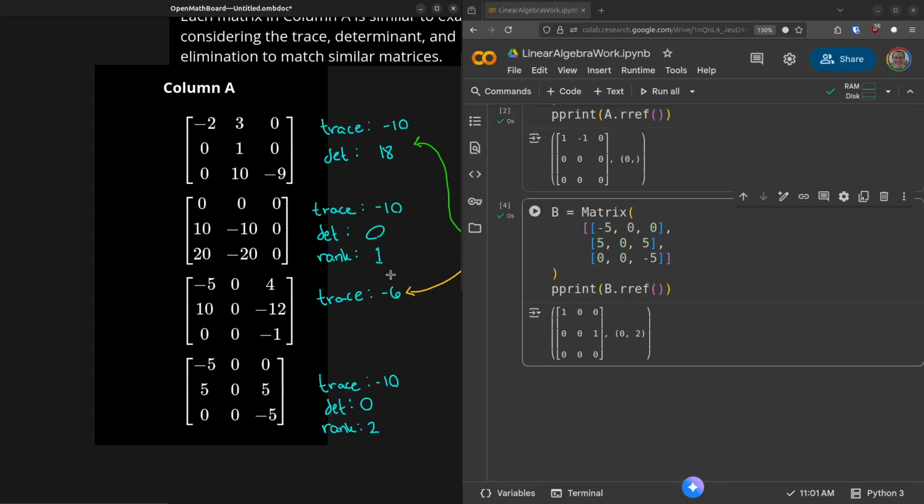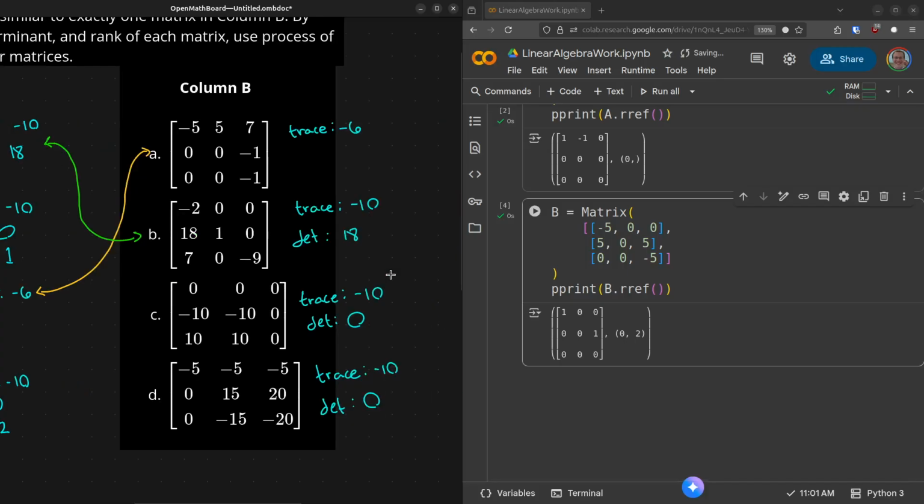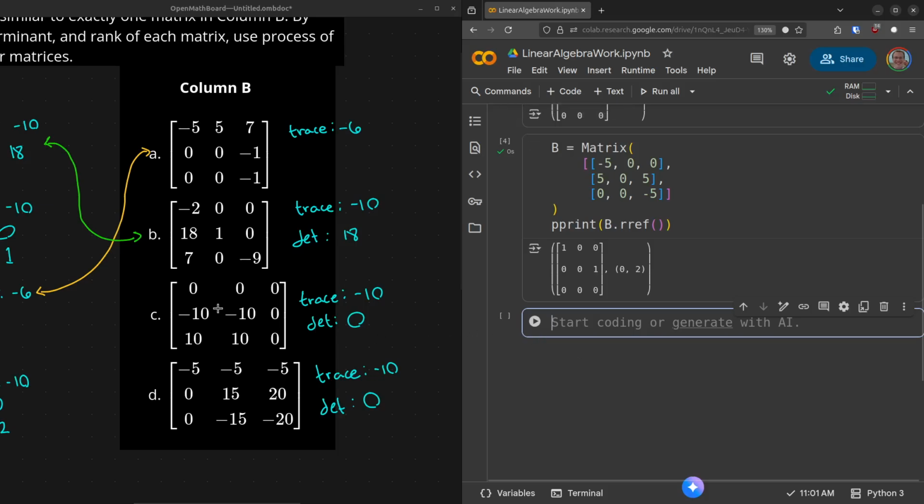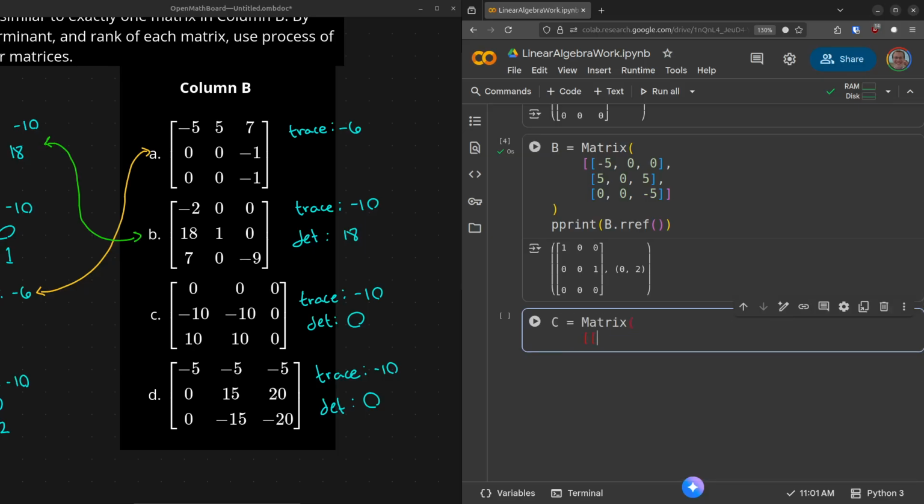So now let's find the rank of the other two matrices in column B that I haven't yet paired. That's this matrix and this matrix. So let's do the third matrix in column B. First row is all zeros.